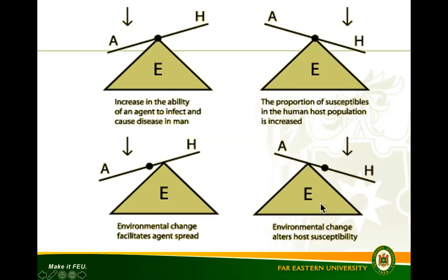Also, another diagram that you can illustrate now using the epidemiologic lever is to depict how environmental change alters the host susceptibility, thus providing more weight again on the host characteristics to cause a disease. So you will see the environment as the fulcrum moving away from the host, providing it more weight.